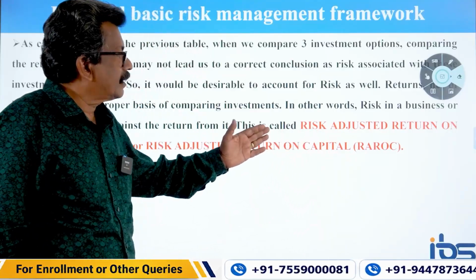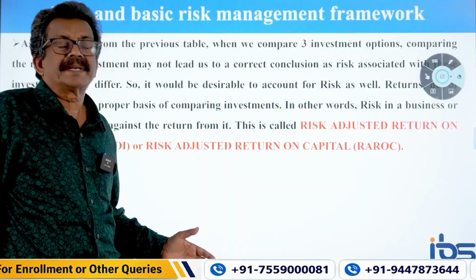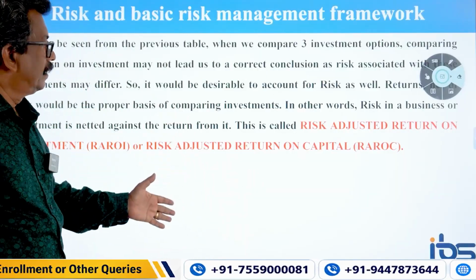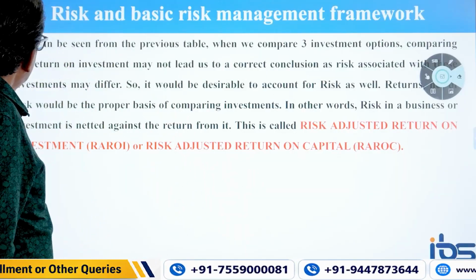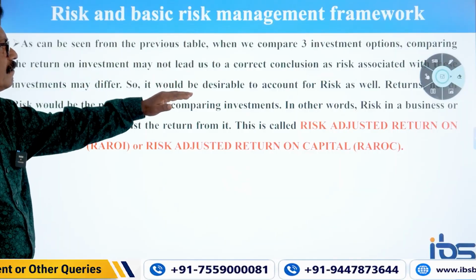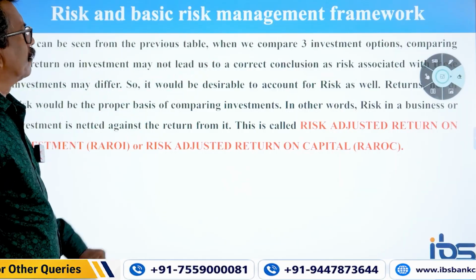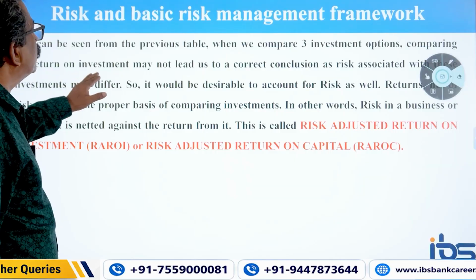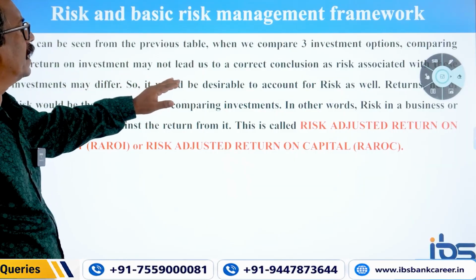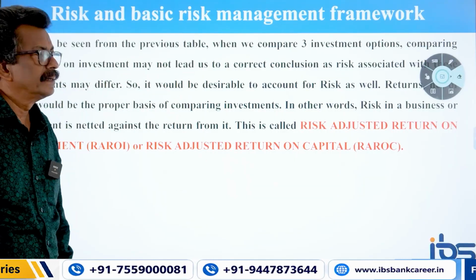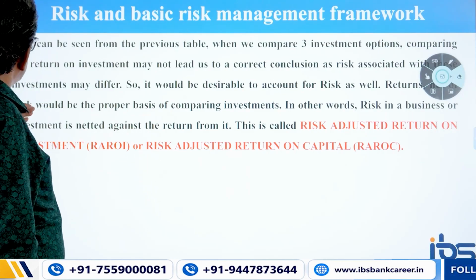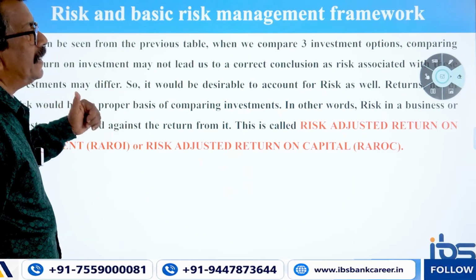That's the key topic which we will be discussing repeatedly in the credit risk classes. As can be seen from the previous table, when we compare three investment options, comparing the return on investment may not lead us to a correct conclusion, as the risk associated with these investments may differ.